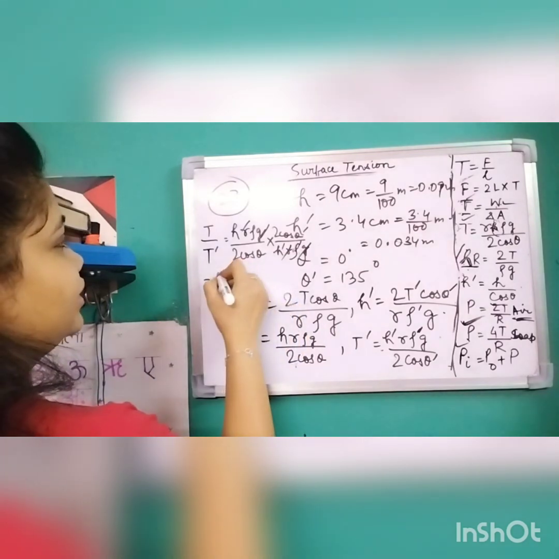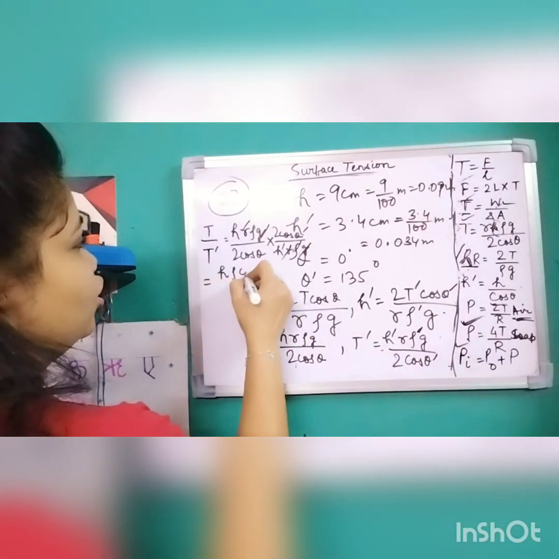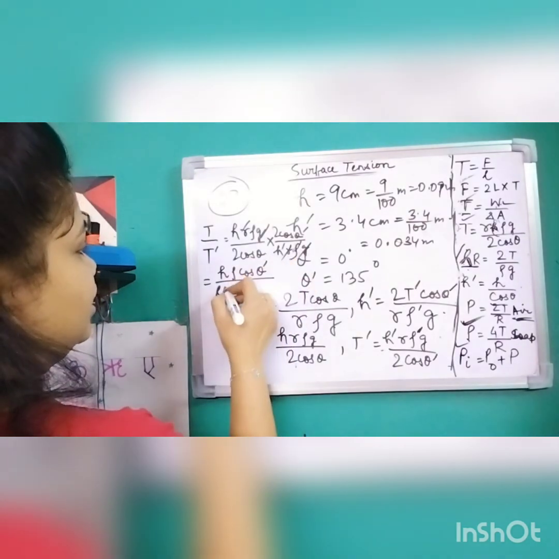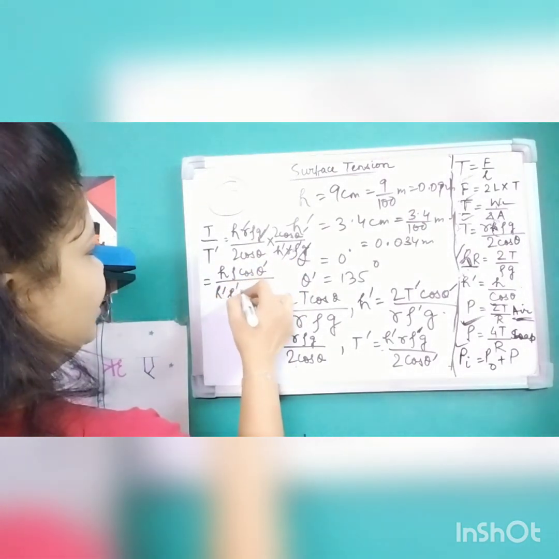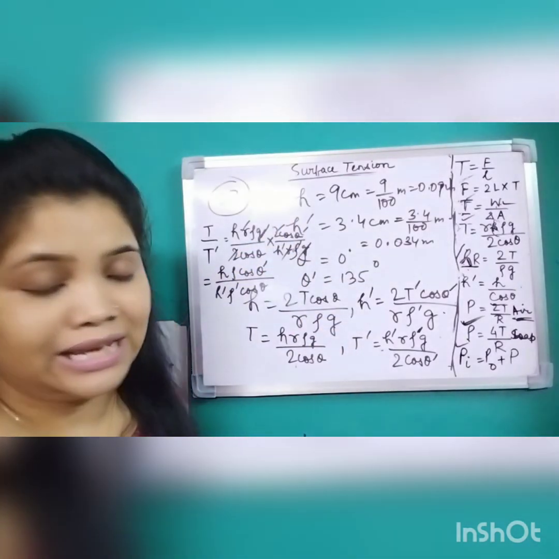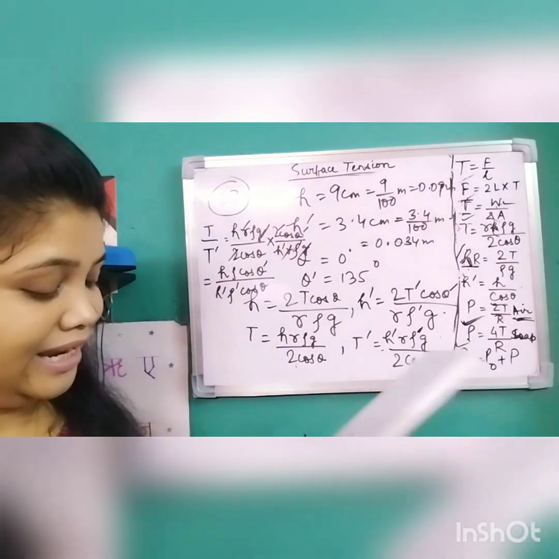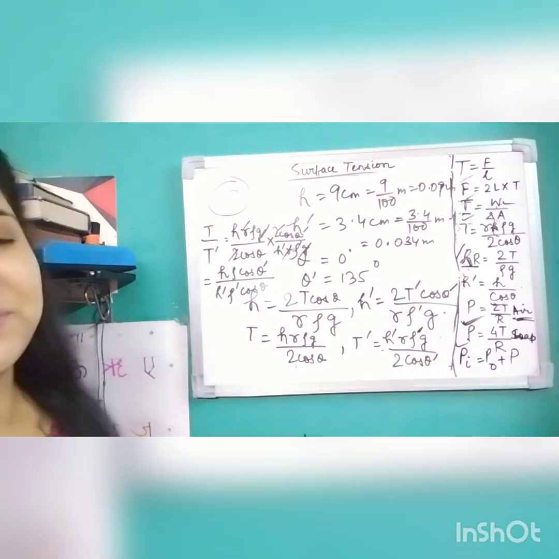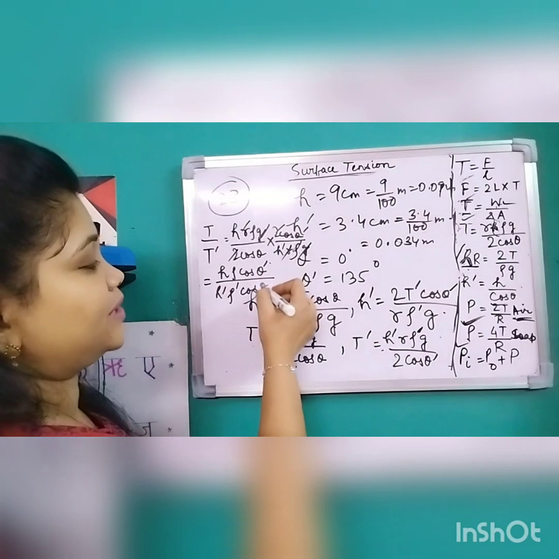We are left with H rho cos theta by H dash rho dash cos theta, the 2 gets cancelled. Okay, it is cos theta dash by cos theta.